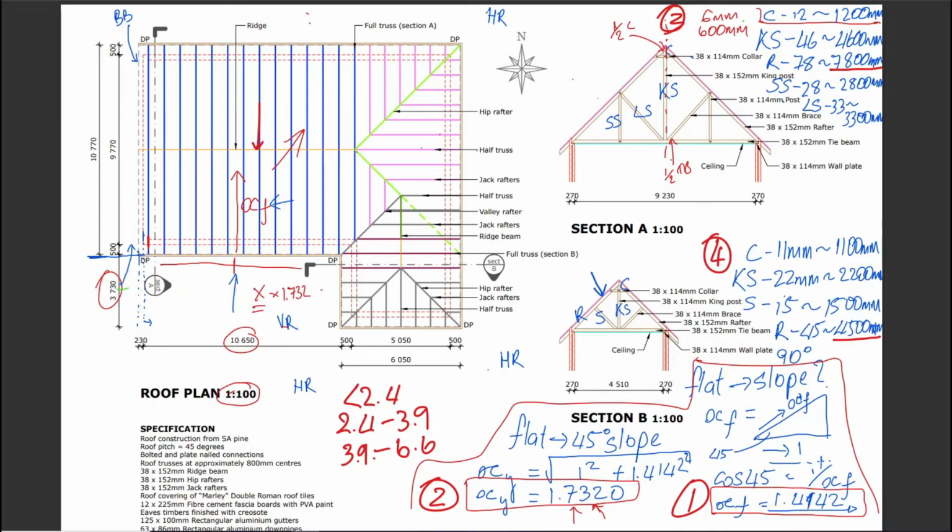So what I would say is, what was this division? I think it was 7. 1, 2, 3, 4, 5, 6, 7. So I would go 1 over 7, 2 over 7, 3 over 7, 4 over 7. So basically I did an inventory of all the jack rafters before I even did the description.